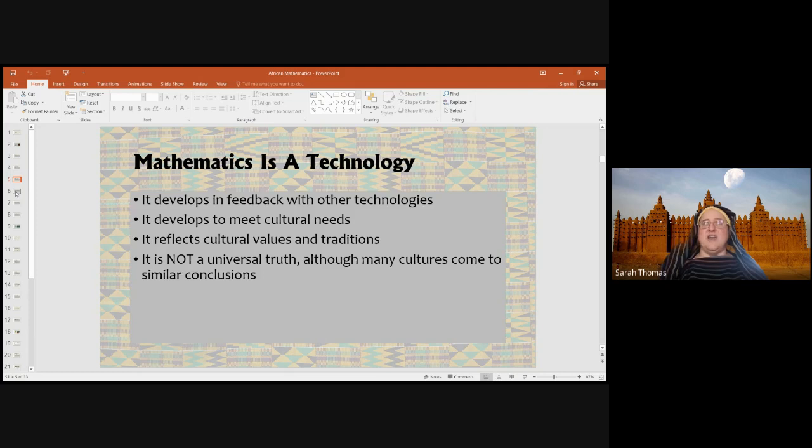And it's not a set of universal truths that everybody just discovers in the same way. Now, many cultures come to similar conclusions because there are certain things that end up being facts. Like pretty much every culture in the world has discovered that 1 + 1 is 2. Most of them have discovered that 2 + 2 is 4. There are cultures whose number systems do not go beyond 2. Very rare, though.